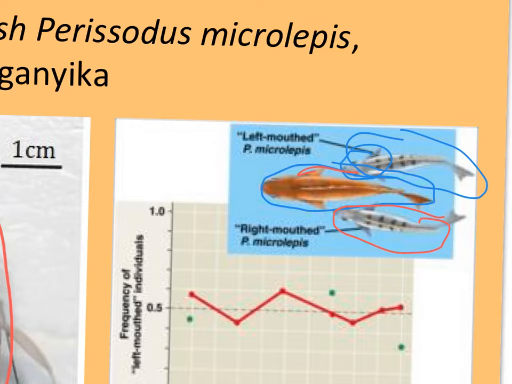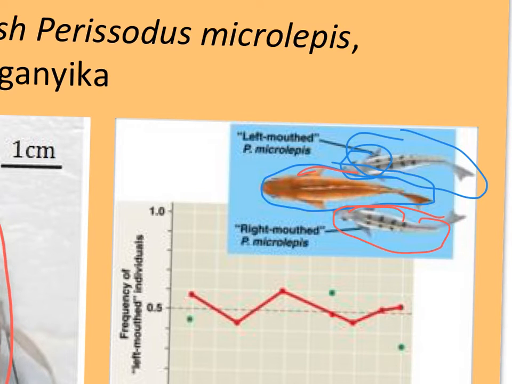So if you're smaller, and your face is to the right, you're more likely to get a meal. And the bigger fish is doing worse. So there's now strong selection on this side.